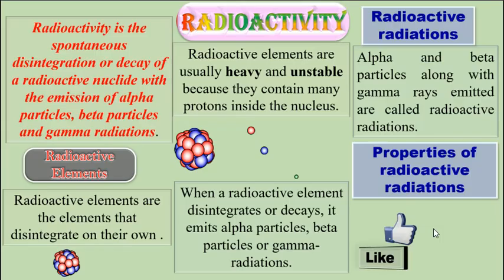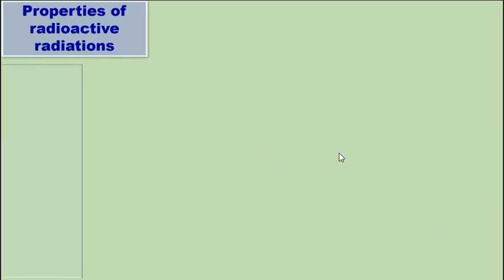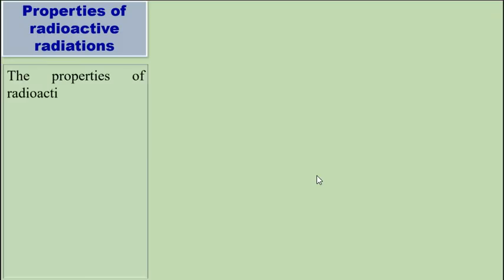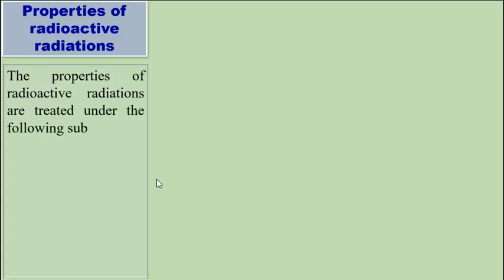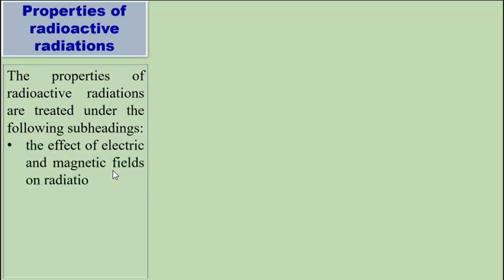So now, we are going to study them under the following headings. The properties of radioactive radiations can be studied under the following subheadings. Number one is the effect of electric and magnetic fields on these radiations.